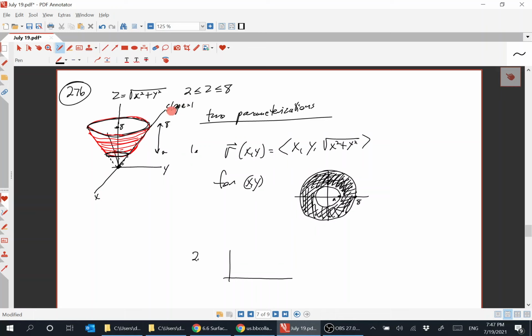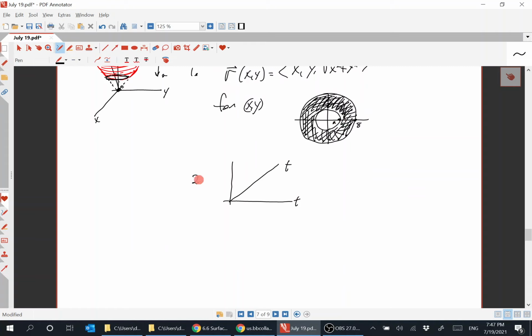That's the line of slope 1 and slope negative 1 in the yz plane. So that's, you know, just the standard function like that. So this is the t-axis, and this is the whatever axis here. So t is equal to f of t.